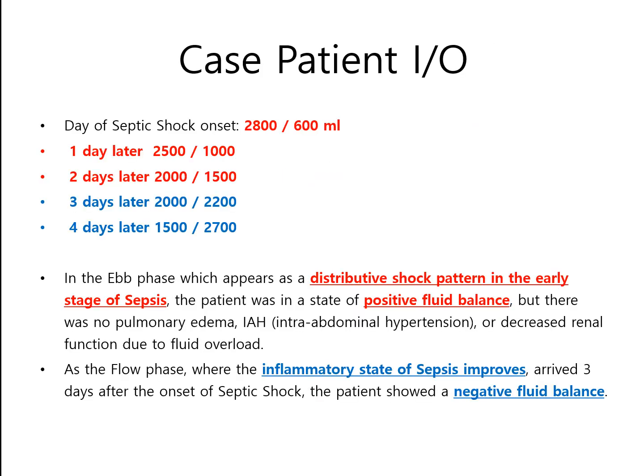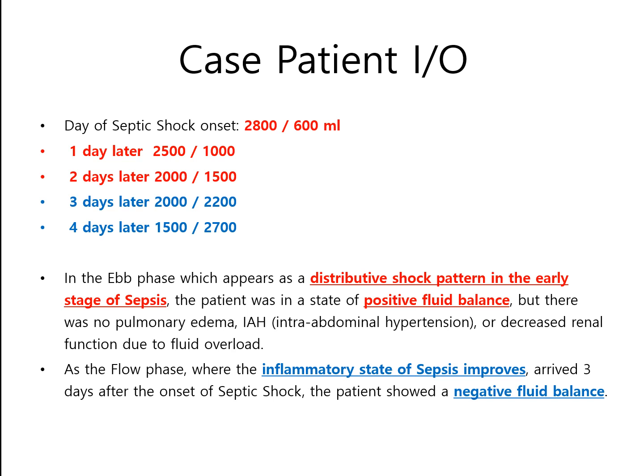Monitoring fluid input and output is important. The case patient's IO record showed a positive fluid balance in the early phase. This is often seen in the ebb phase of sepsis, a distributive shock state. However, despite this positive balance, he did not develop pulmonary edema, intra-abdominal hypertension, or decreased renal perfusion due to fluid overload.